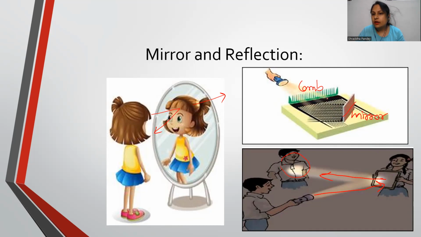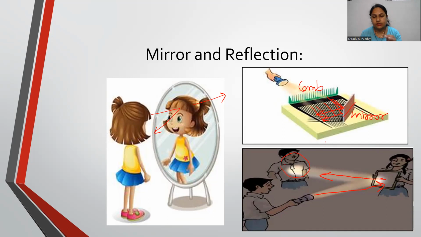You can keep a colored paper, and on that you can see the formation of a pattern, the pattern which is present in the comb. One pattern will be formed in this direction and the other pattern in this direction, whatever is reflected back. In this manner you can understand the reflection.